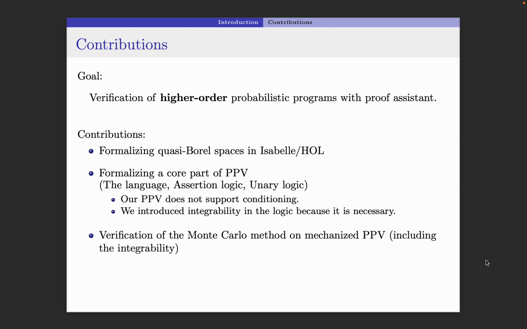There are some differences between our PPV and the original PPV. Our PPV does not support conditioning, and we introduced the notion of integrability in the logic because it is necessary. And finally, we verify the Monte Carlo method on our mechanized PPV, including the integrability of the program.